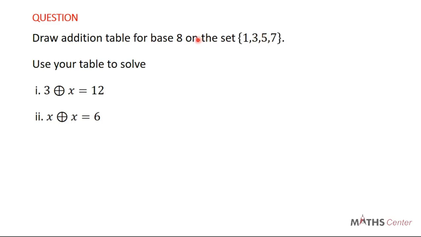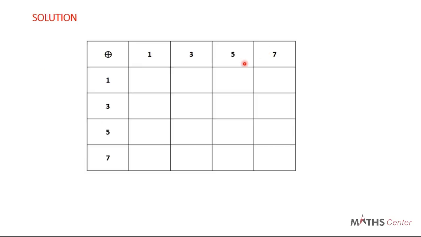If the set was not given to us, the numbers we would use will be 0, 1, 2, 3, 4, 5, 6, 7, since it's in base 8. But this time the set has been given to us, so we can't pick our own set. We have to use the set that the question gave to us. So in drawing the table, these will be the numbers in the table: 1, 3, 5, 7 and 1, 3, 5, 7, and it is addition, so you bring your addition sign here.